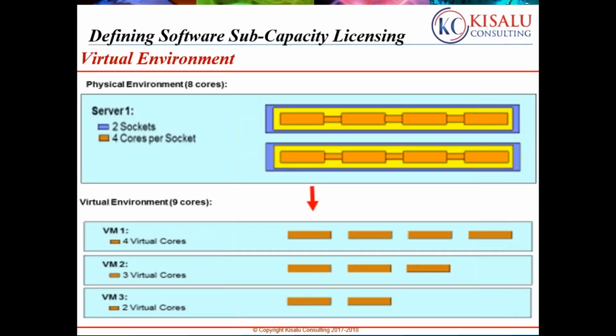If we need now to understand the sub-capacity licensing, we will go from that physical environment to the virtual environment. Here we have the same physical environment which we showed in the previous slide, but now we want to see that the technology allows for people to run on this physical machine.